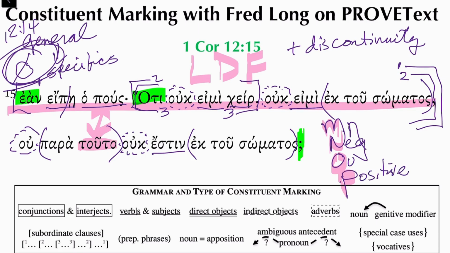And so here, because of the ou and the ouk being present, I think this is expecting a positive answer. Now, this is tough to translate. I mean, because you have so many negatives floating around.